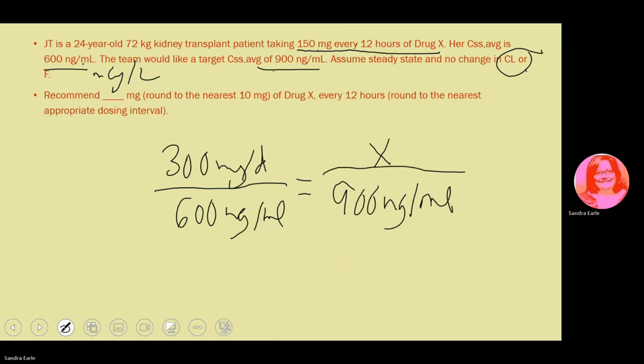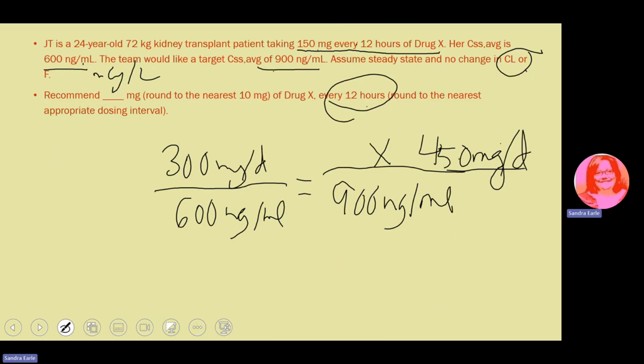So 300 times 900 divided by 600 gives us 450 milligrams of drug X per day. So if it's 450 milligrams per day, we're going to divide that in half, aren't we?